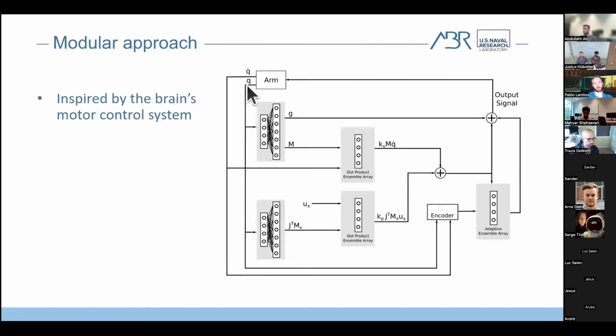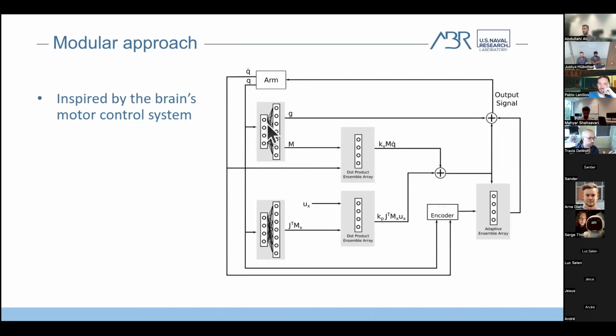And so with that equation, we can do this modular approach instead, where we build out exactly as I was saying, the circuit diagram with the functionality that needs to be computed and the flow of information through the network. So if we have our arm, the joint angles q and the joint velocities q dot are fed.